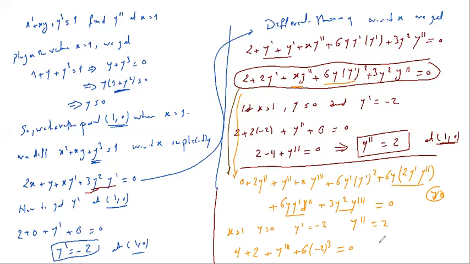So 4 plus 2 is 6, plus y triple prime, plus 6 times -2 to the power 3, which is -8, 6 times -8 is -48, is equal to 0, which gives y triple prime is equal to 42 at x equal to 1, which is the answer to the question. And good luck.